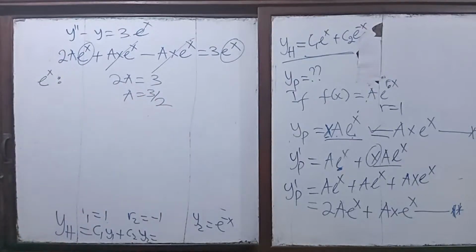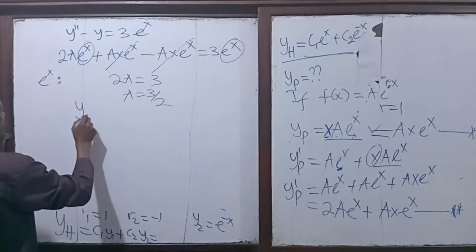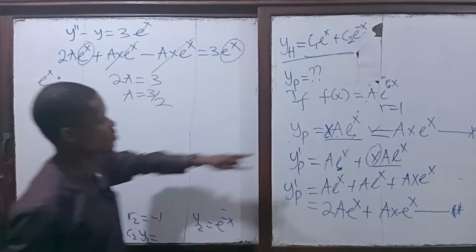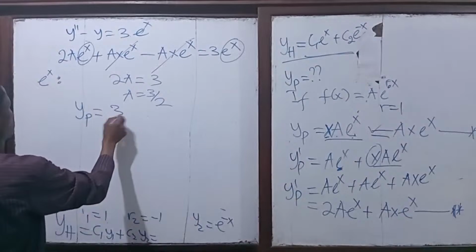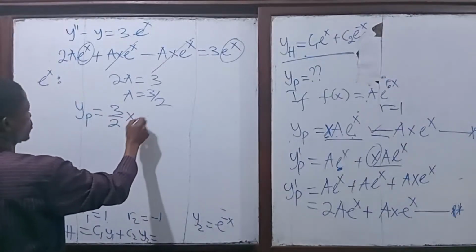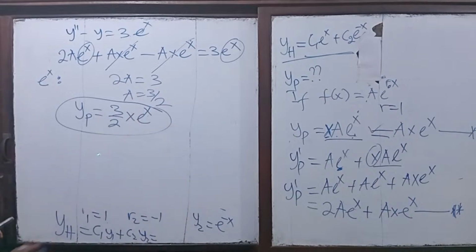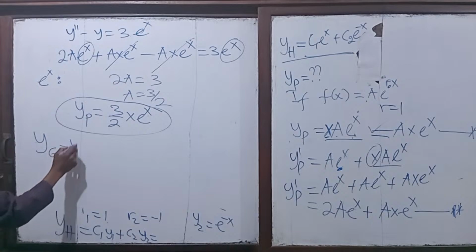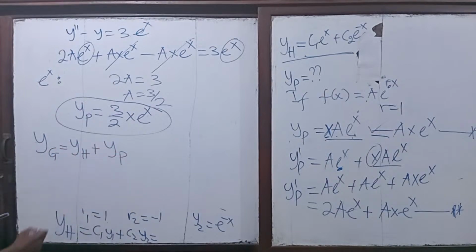In that case, I've gotten my a now. That implies that my particular solution, yp, put the a there, is 3 over 2 times this one. That's my particular solution. The general solution is the homogeneous part plus yp.